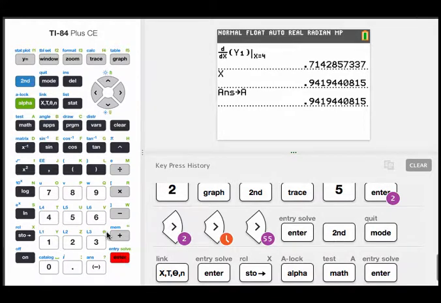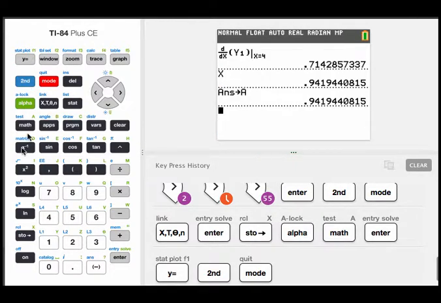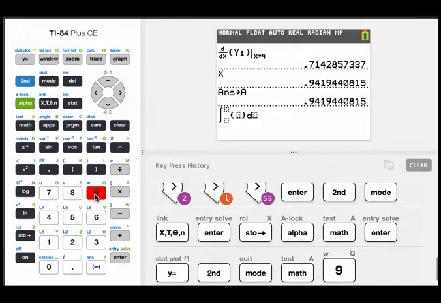So when you want to do the integral, let's check what our functions are. I'm going to need to be doing y1 minus y2. So I go back to the home screen, math menu. I'm going to do fnInt, so I'll press 9. And I'm going to be going from 0 to a.